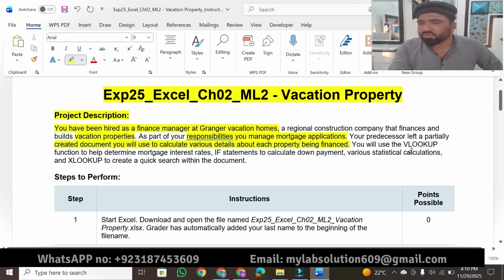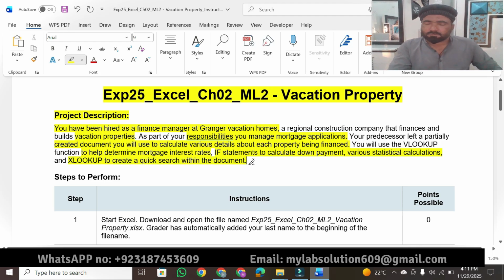You will use a VLOOKUP function to help determine the mortgage interest rate, IF statements to calculate down payment, various statistical calculations, and XLOOKUP to create a quick search within a document.